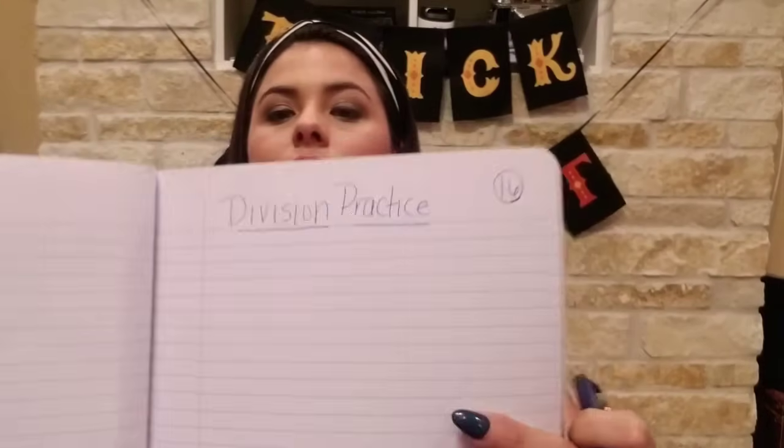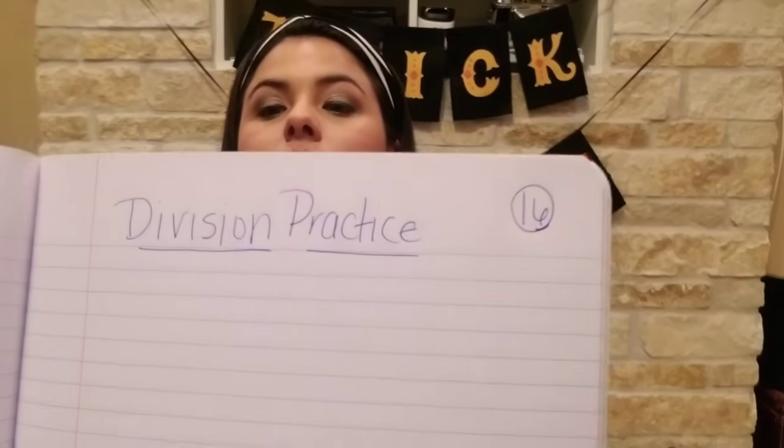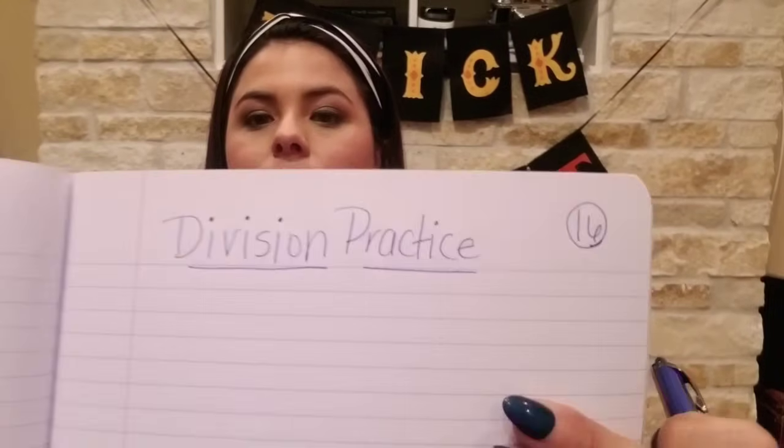Okay, so this is number 16, division practice. So my page should look like that, and so should yours. Let me make those dots on top of my i's. I always feel like my dots on top of my i's are really teeny tiny and you can't see them.